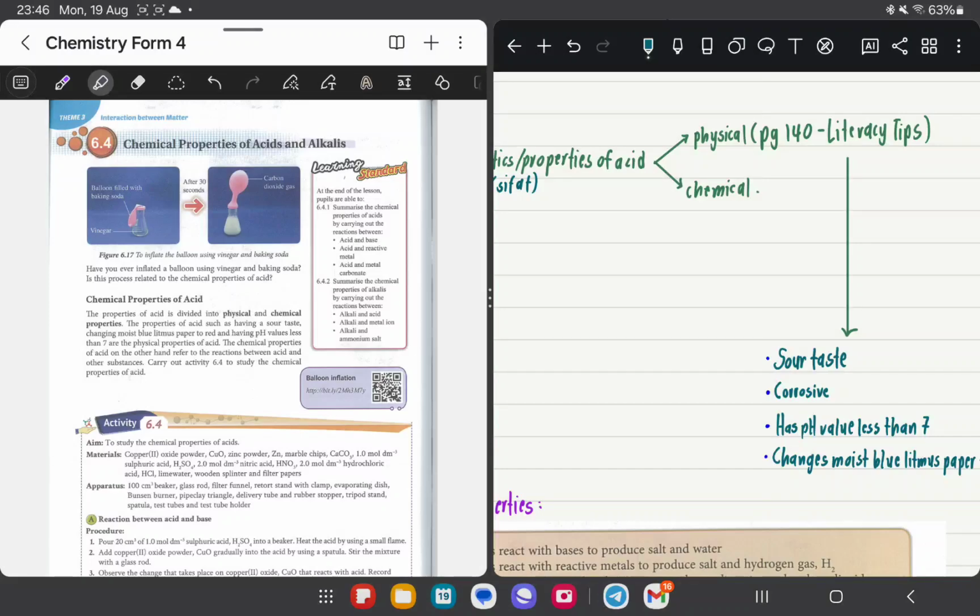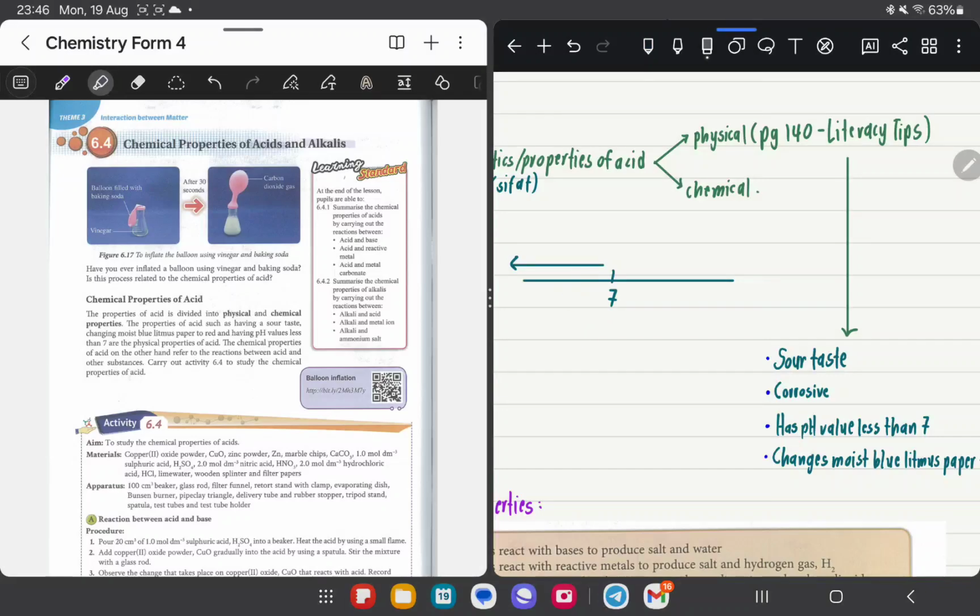And all acids have a pH less than 7. If you have a pH meter value, 7 is neutral, so all acids have a pH less than 7, not 7 also. Everything less than 7, including 6.9, is called acid.